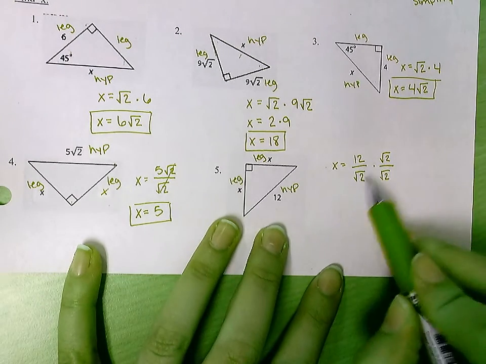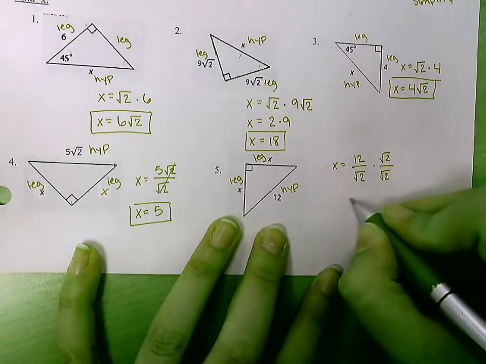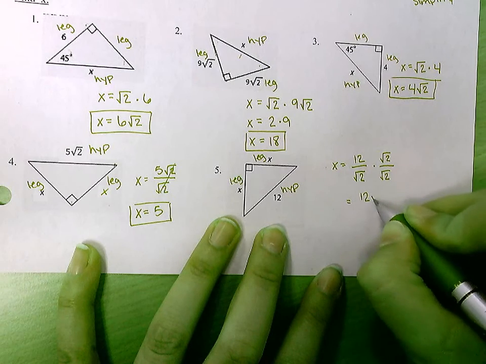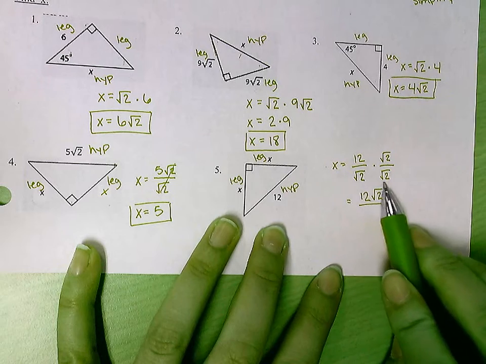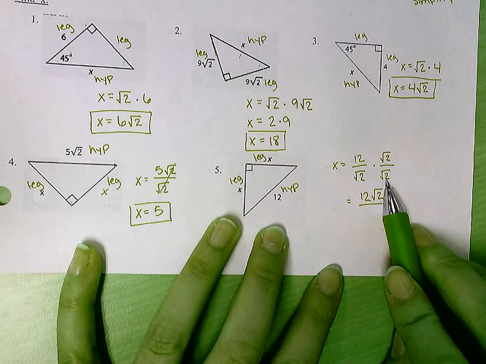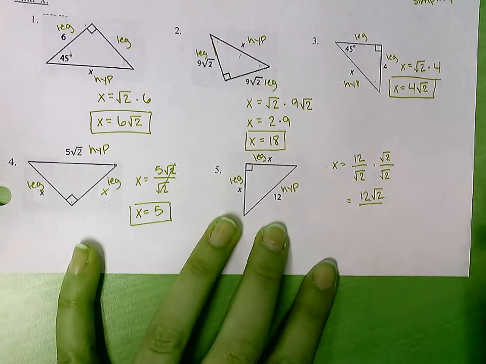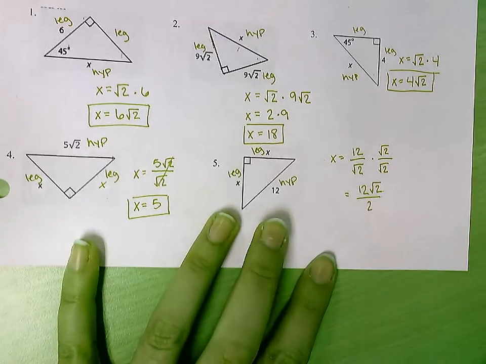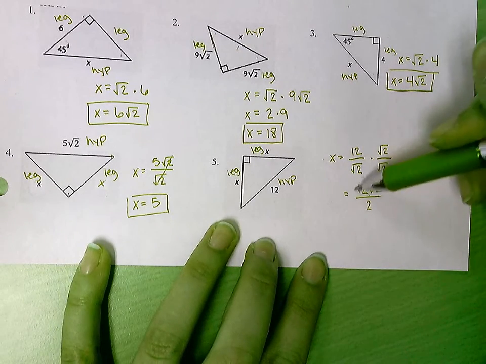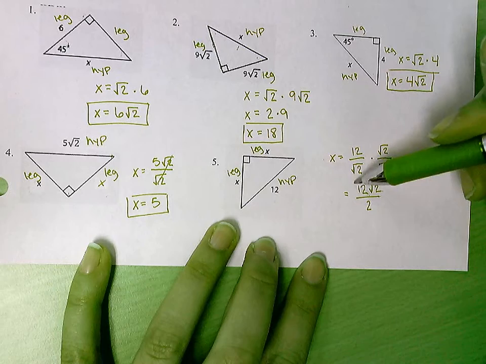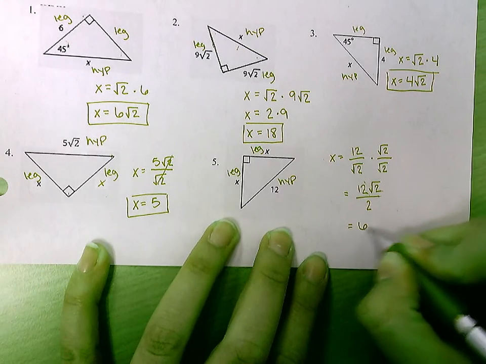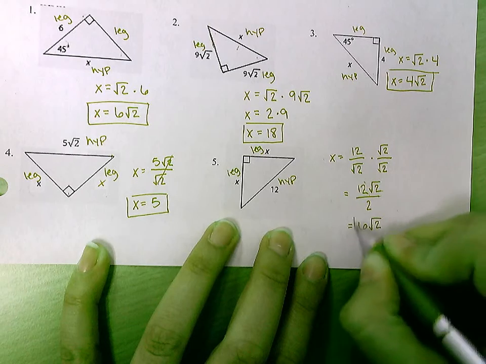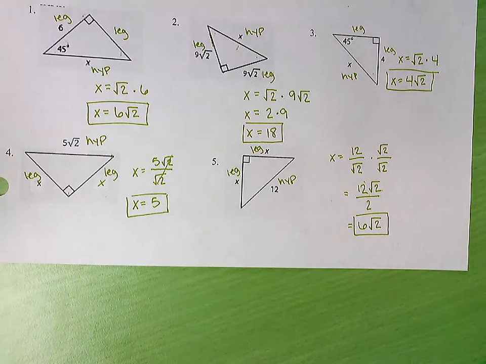Okay, you multiply straight across. So we have 12 times the square root of 2 over, I have square root of 2 times square root of 2, square root of 4, right? And that is 2. I can simplify my numbers here. I have 12 over 2. So that is 6 times the square root of 2. And that would be your answer.